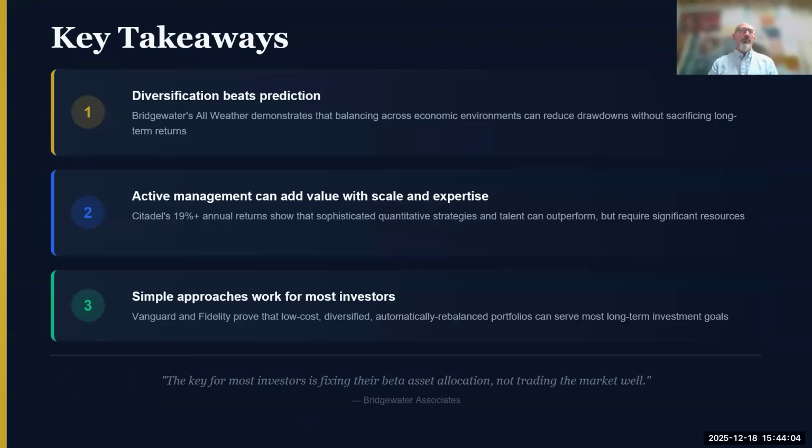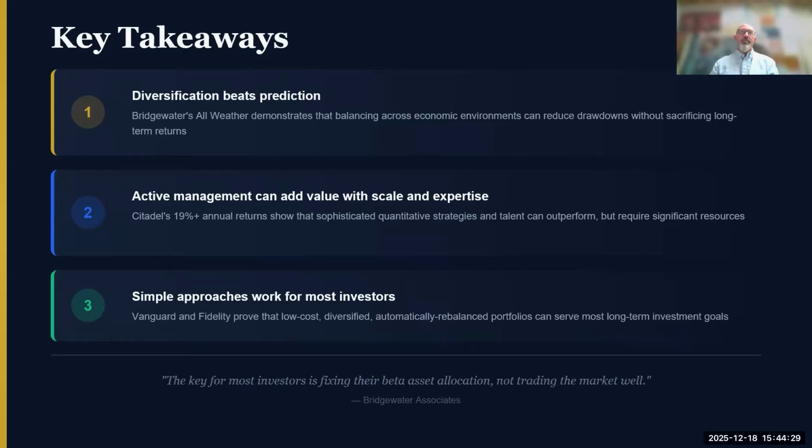Recently we've talked a lot about individual stocks that went up 300-400% this year and have now been cut in half. Diversification will often outrun predicting a stock's movement.